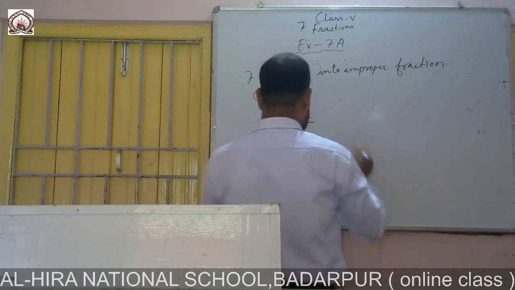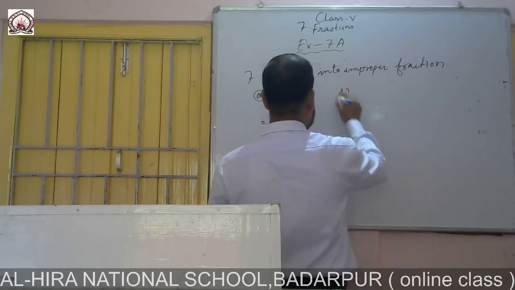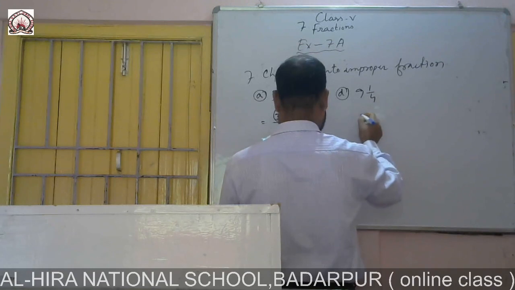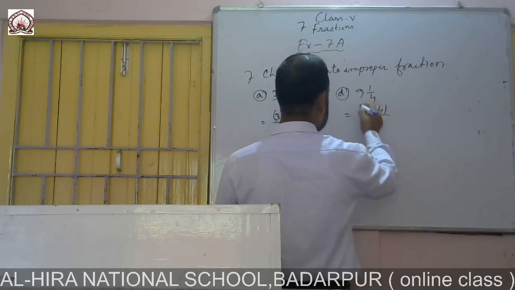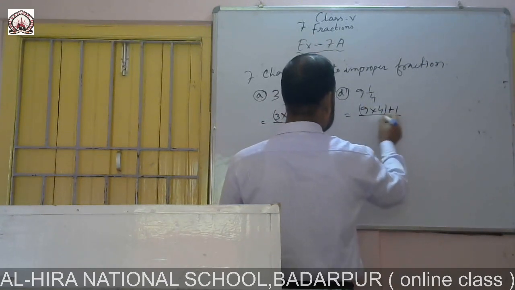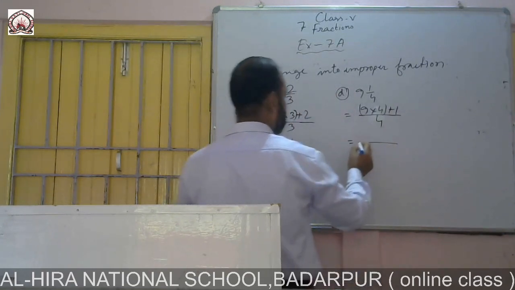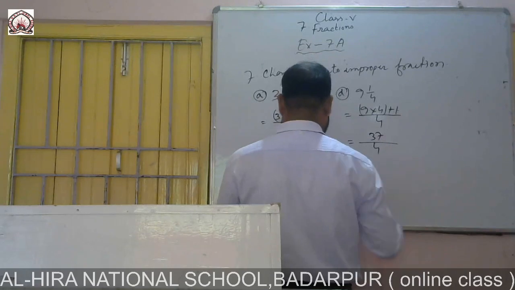Question number next, D, 9 1 by 4. So 9 into 4 plus 1 by 4. 9 4s are 36 plus 1, 37 by 4.